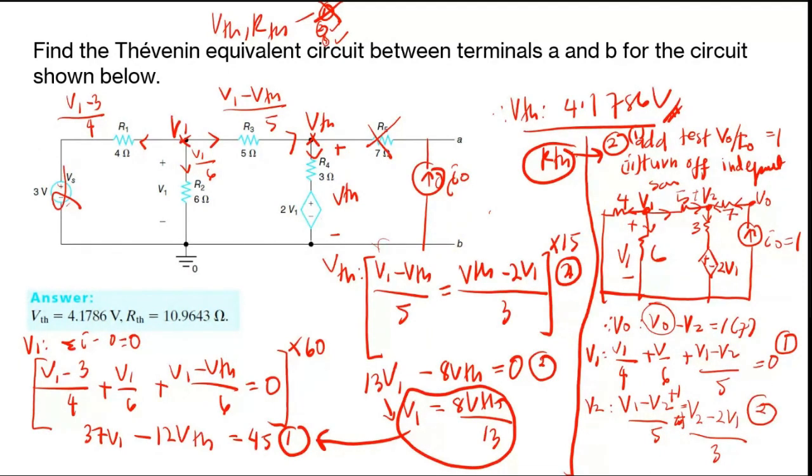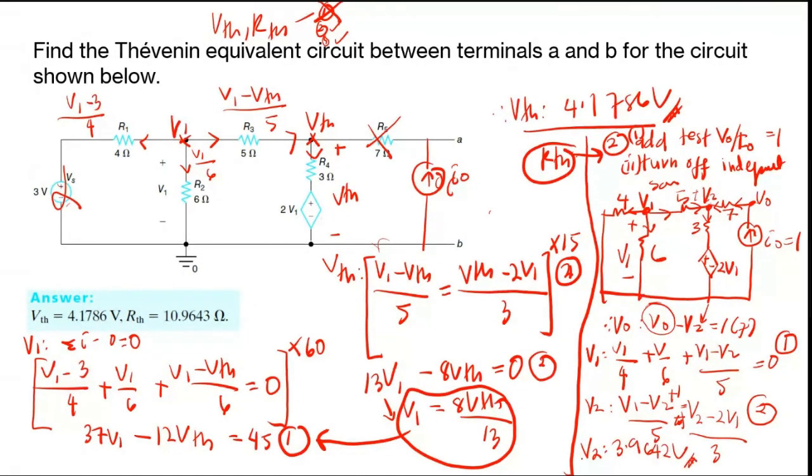When you do the calculation, the important value that we want to get is this V2, because we need to substitute this V2 value here in order to get the V naught. So if you calculate, you get V2 equal to 3.9642 volts.